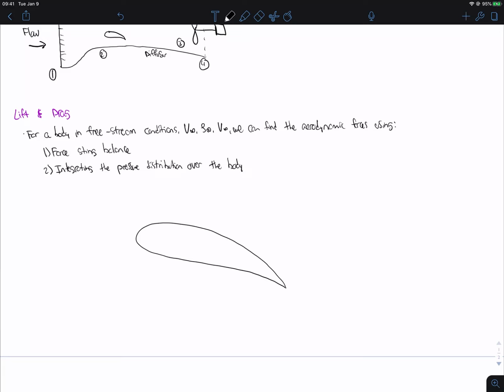Okay, so I've drawn out an airfoil here, and if we have a free stream velocity coming in at V infinity, this is going to hit our airfoil, and this line here that I've drawn in red is going to be called the chord line.